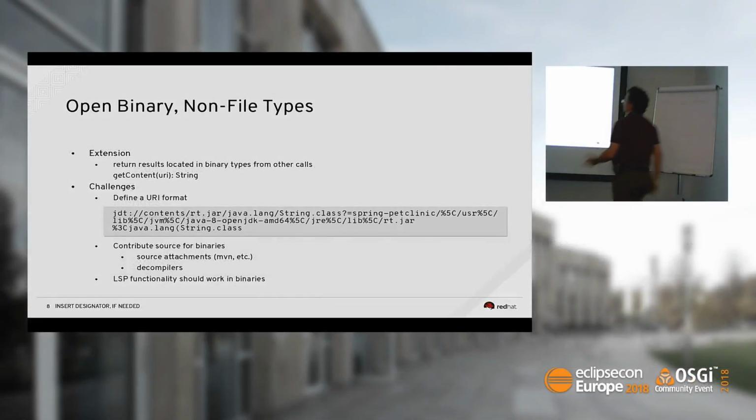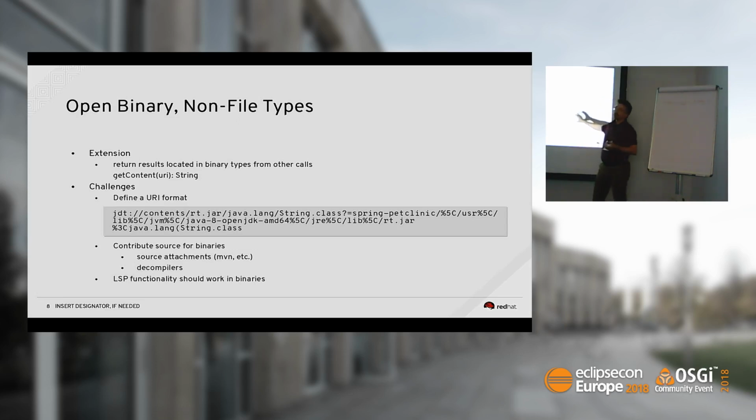the first thing we had to do is, if you do LSP calls like definition, like the one I showed you first in the source, we need to return something that points to something that's not in source code but in the JDK somewhere. You've seen that we need a URI, and that's the first thing we need to do.